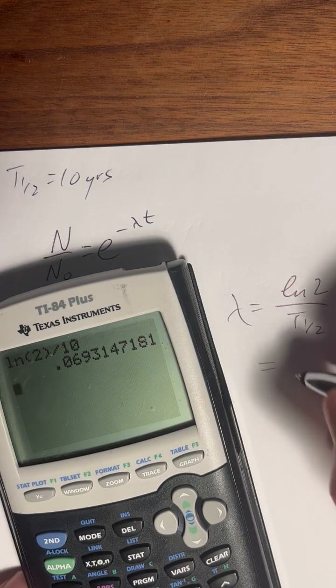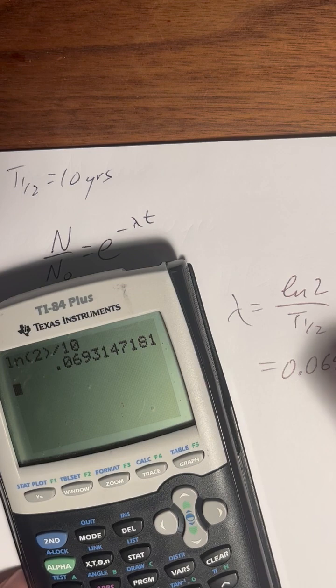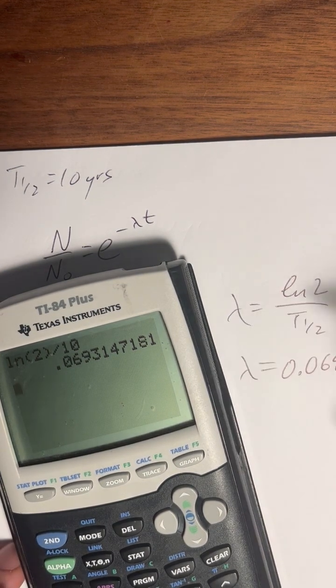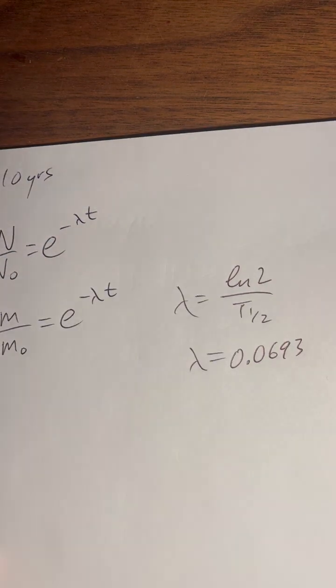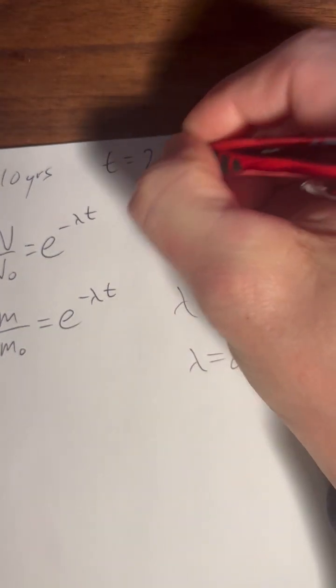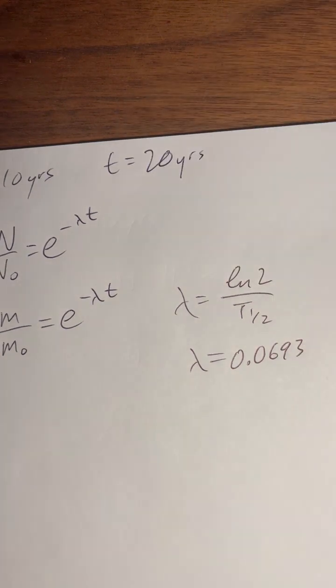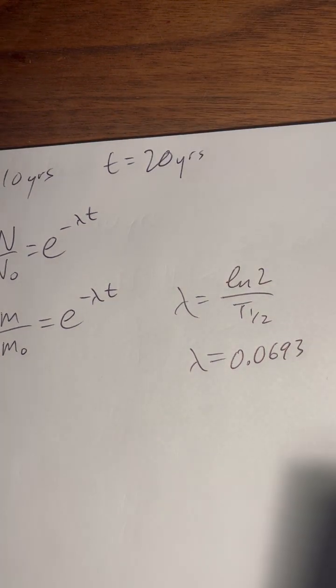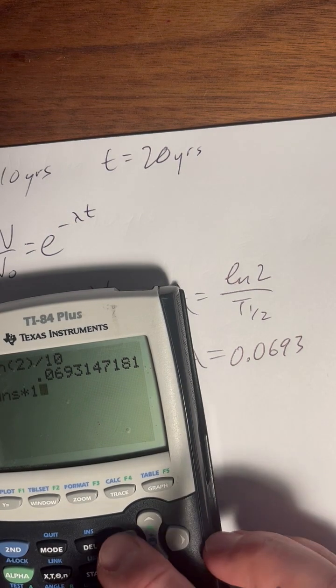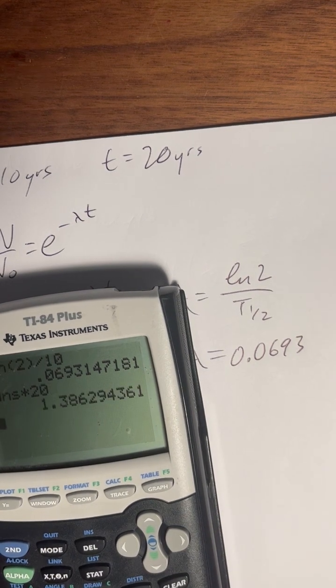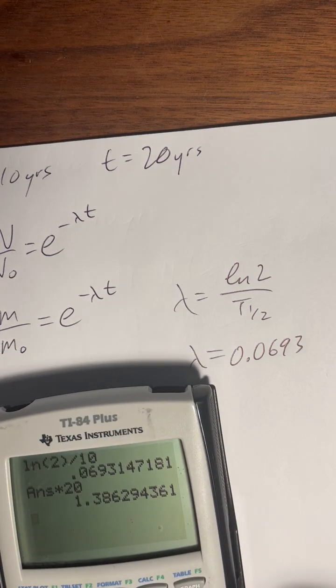So my lambda would be 0.0693. That makes sense. That's my lambda. And then I multiply that by my t, which the chatbot said is 20 years. So if I take that and multiply it by 20, that's going to give us this exponent.